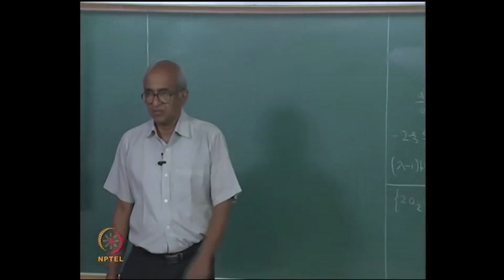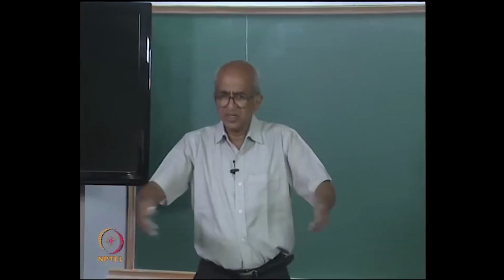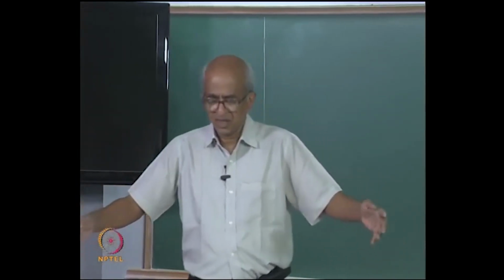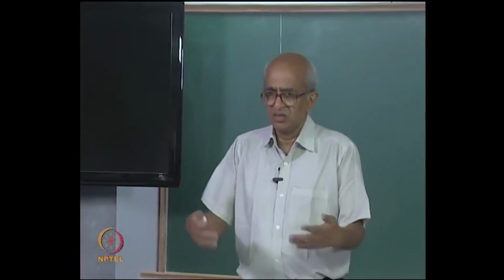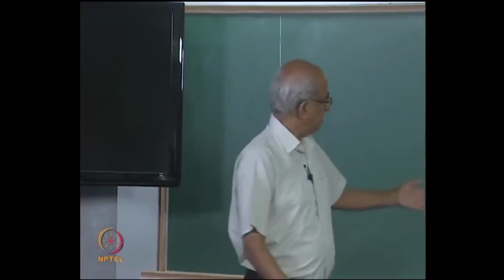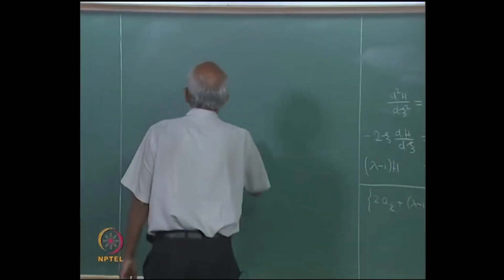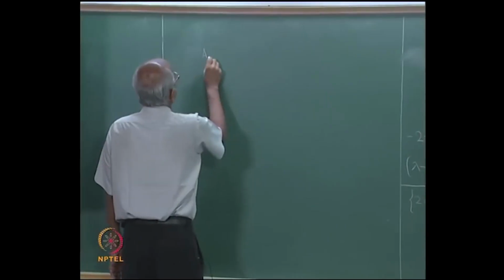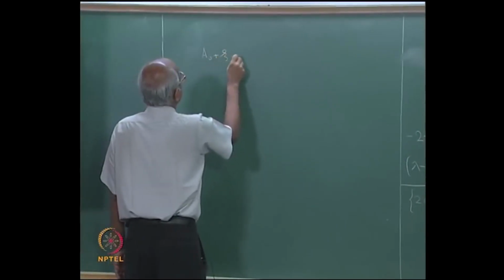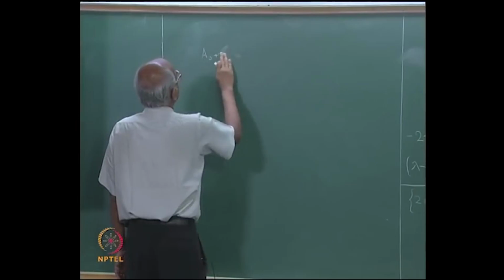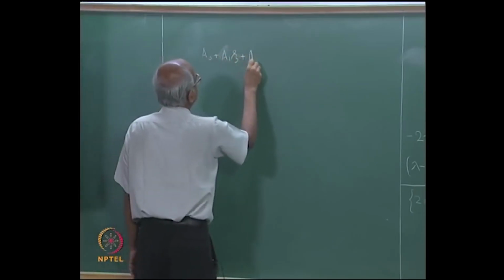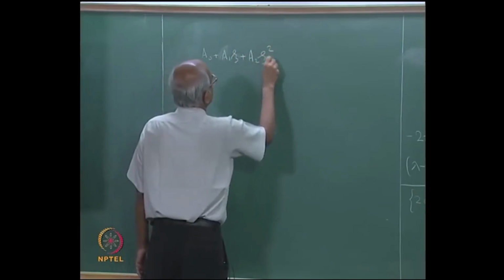correct. So, you have an infinite series involving c. If you think about this, this is of the form some constant a0 plus a1 into c plus a2 into c square plus etcetera.